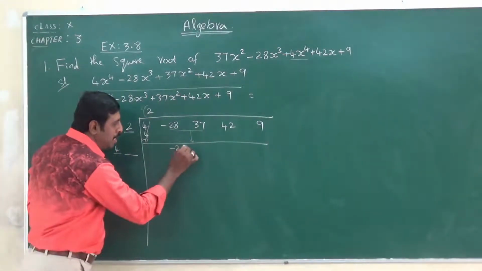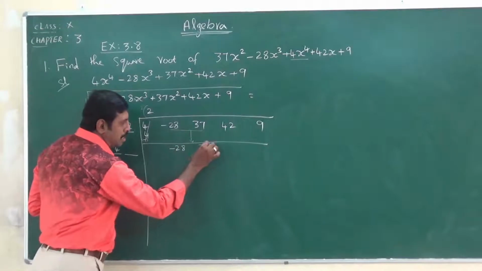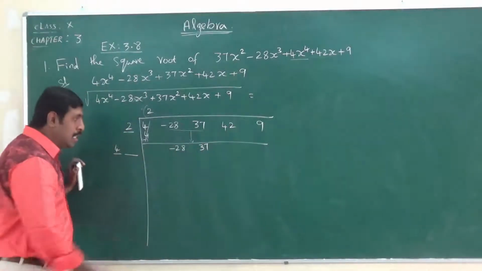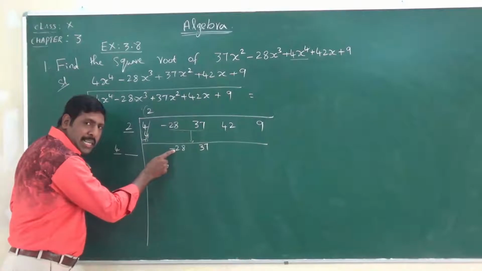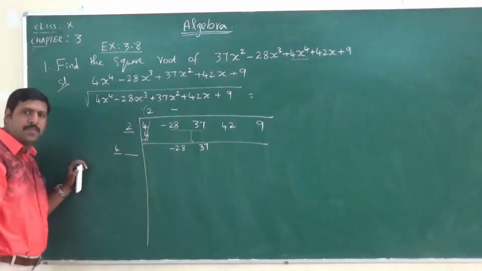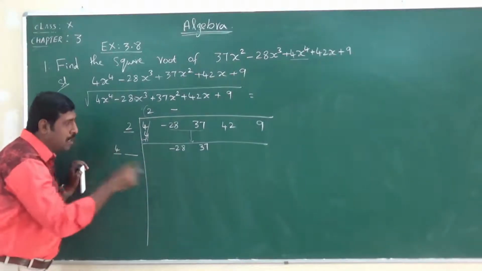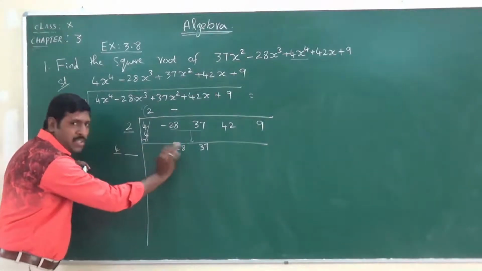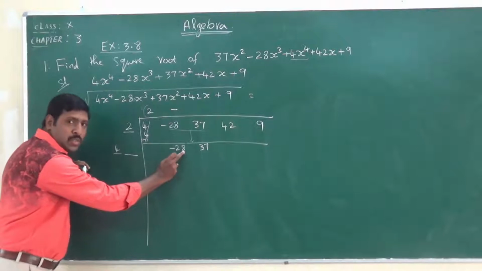Next we have to take two terms here. The first term is minus 28 and the second term is 37. Whenever you see the negative symbol here, just put the negative symbol first, that is minus. Now here also the same concept. We have to cancel the first term, minus 28.